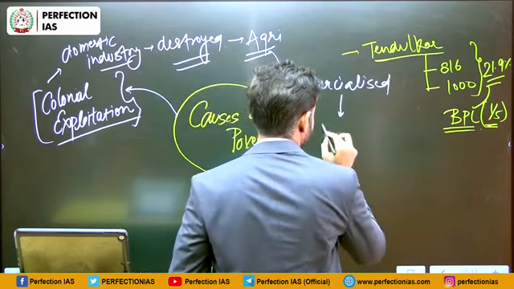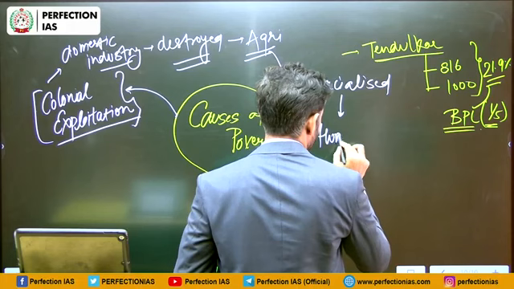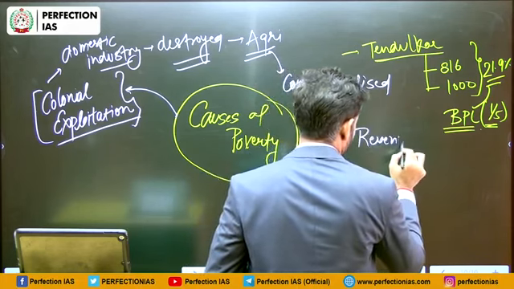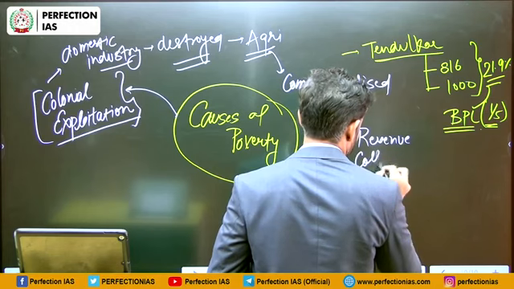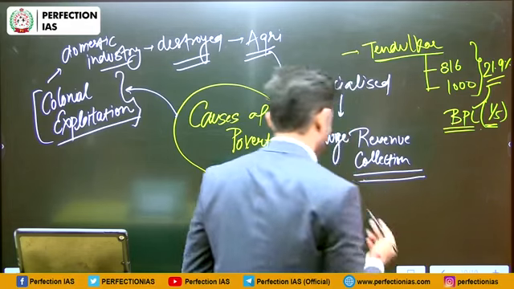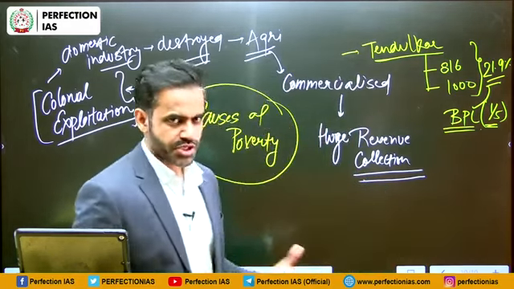Apart from that, there was huge land revenue collection. That means the farmers had to pay a huge amount of revenue to the British government.